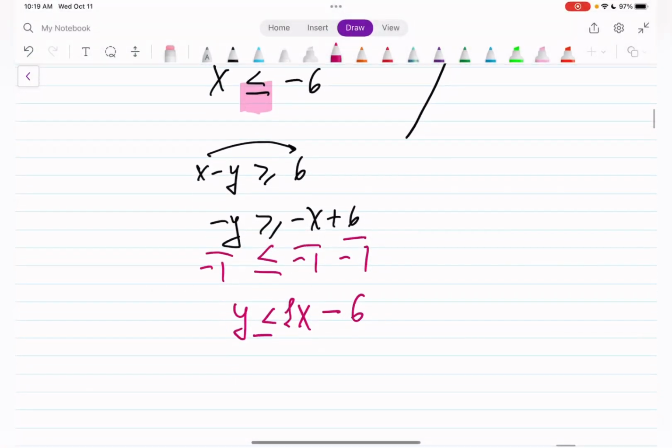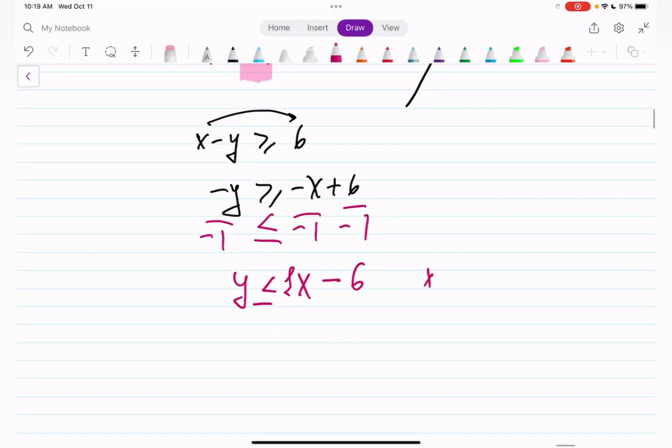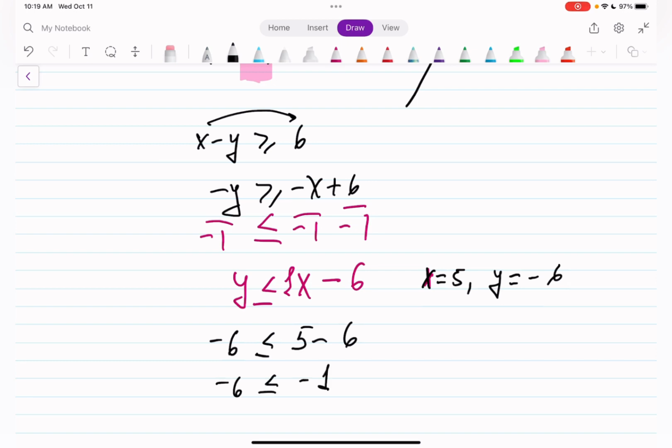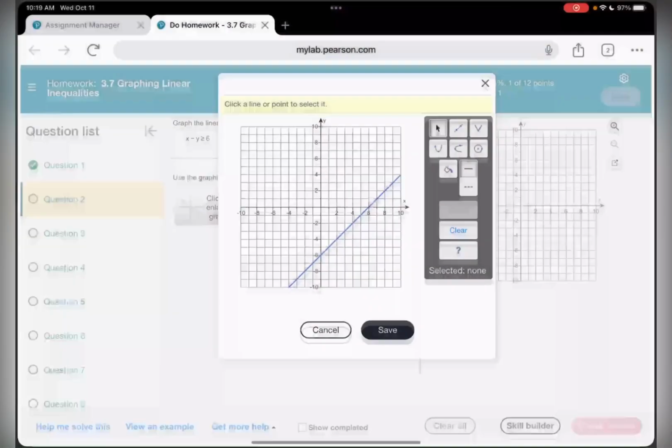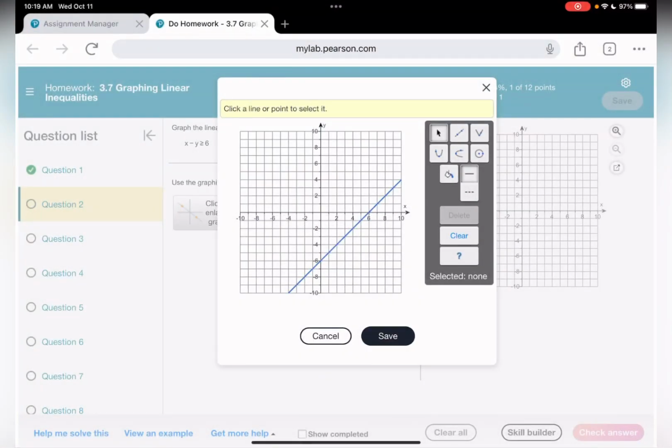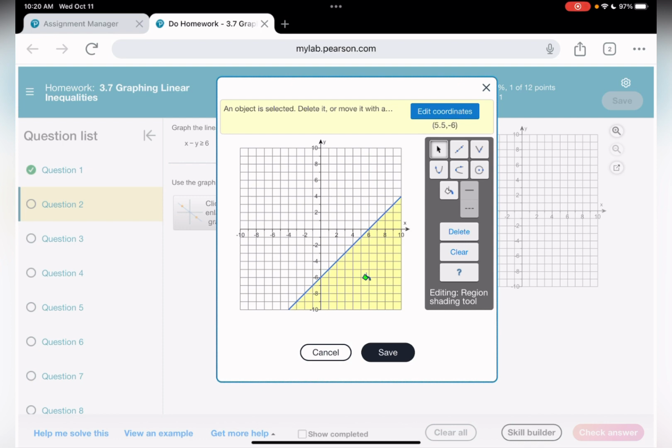Let's see. Plugging in, y is -6, less than or equal to x minus 6, which is 5 minus 6. So what do we get? -6 is less than or equal to -1. Is this true? Yes. That means that side is going to be our answer. This side below, that I took. I tested this side, right? That means that's the answer.